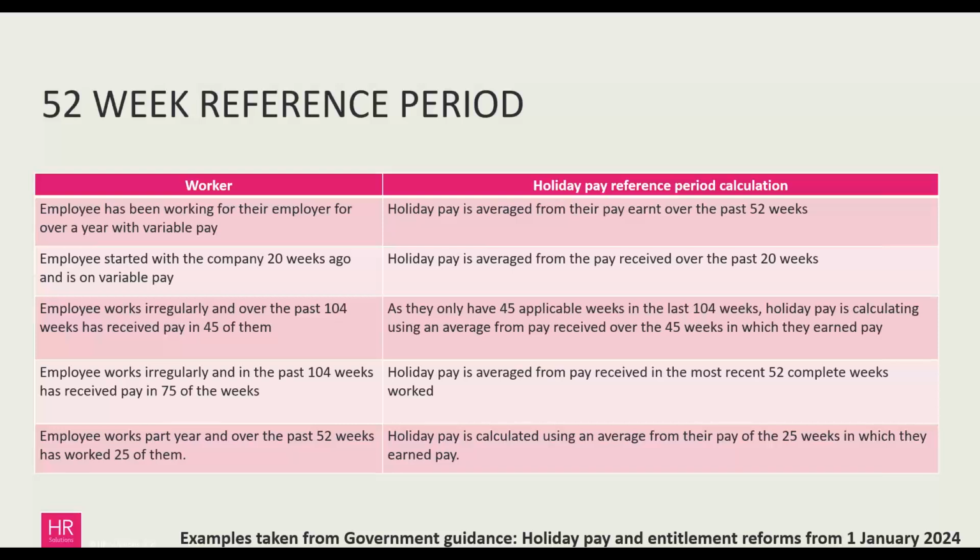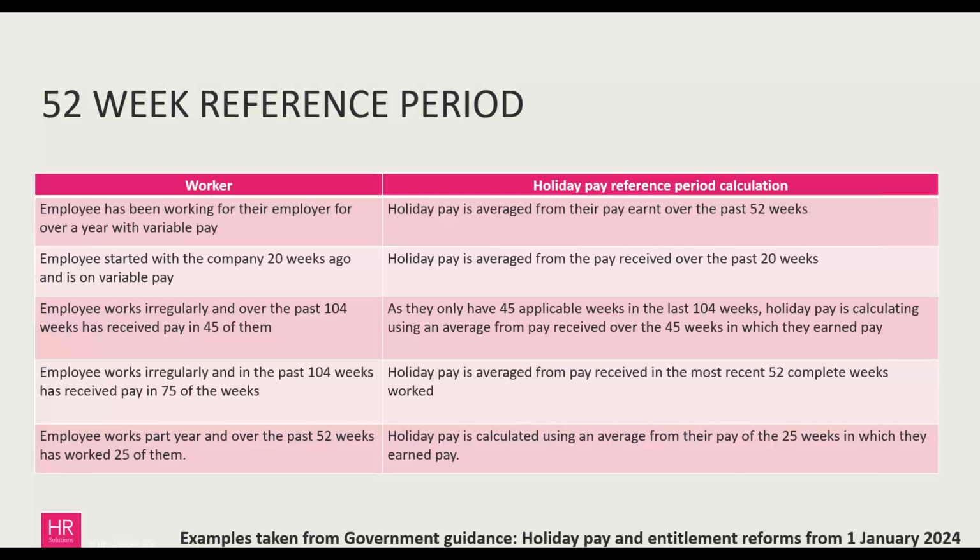If they started 20 weeks ago, then you average it from the pay received over those past 20 weeks. Now in the third one, if you've got somebody that has worked regularly and over the past 104 weeks has received pay in just 45 of them, because they've only got those 45 applicable weeks in the last 104, holiday pay is calculated using an average from the pay that's received over the 45 weeks.